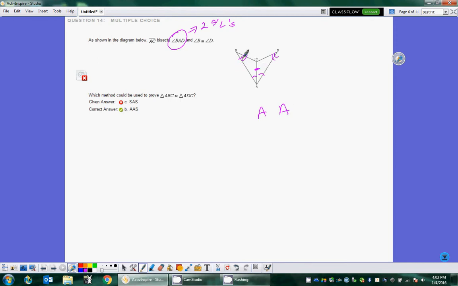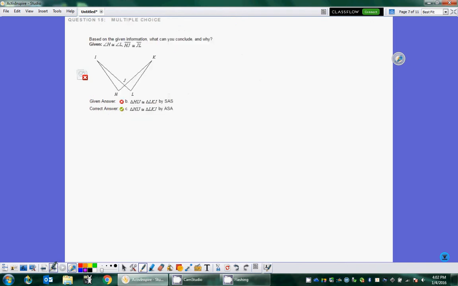My only things that were on that list were these: side in between angles. You could also pick angle side if they had that option there as well. I only had one pair of sides, so I know I can't use side side side, side angle side, or even HL because I don't have a right angle either. So I've got to pick one of these two. The only answer choice was that angle.